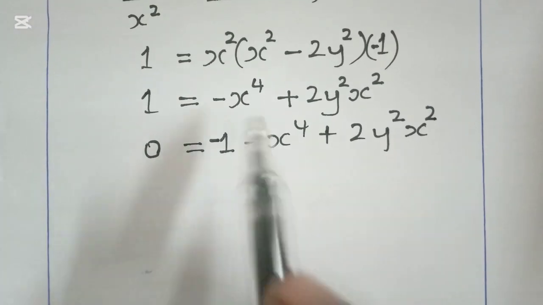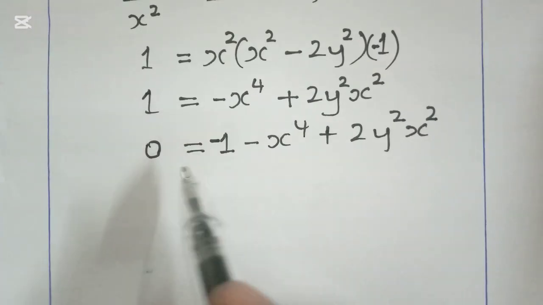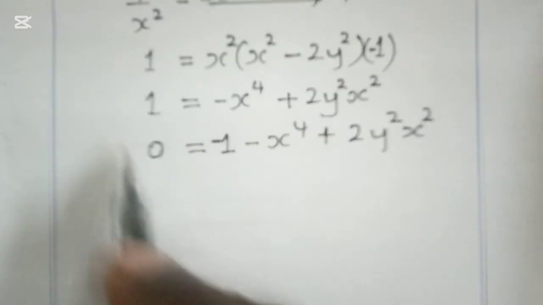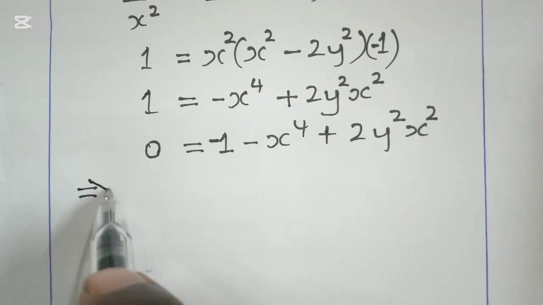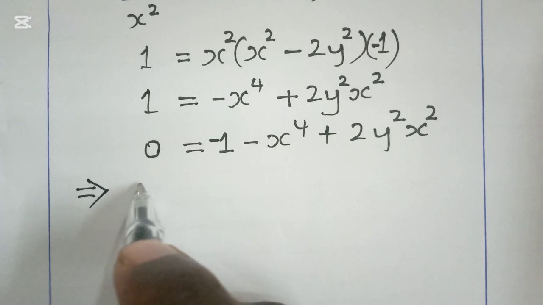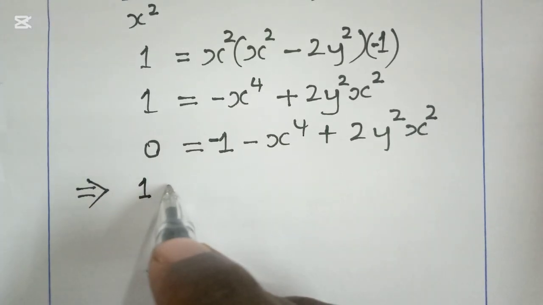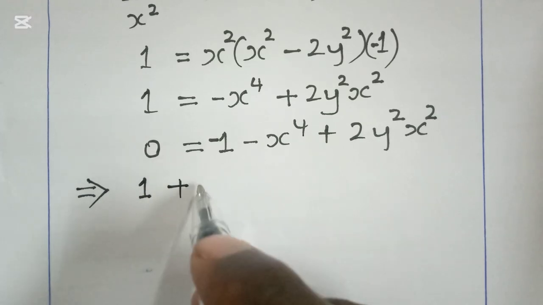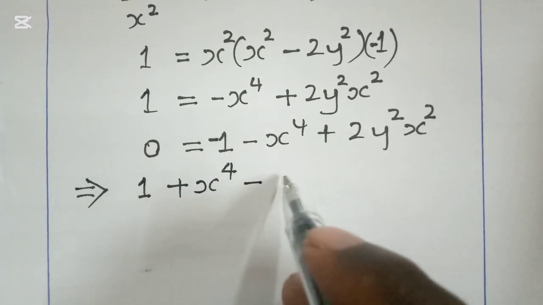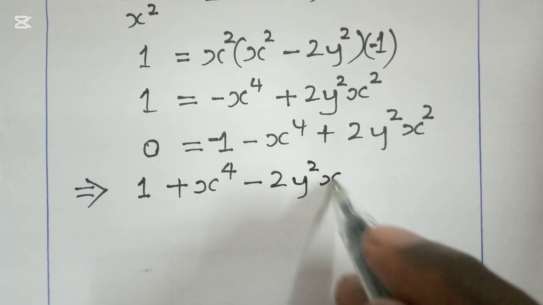I can now put all these on this other side. If I put them on this other side, and that's actually what I would have done, we shall have 1 now will be 1 plus x raised to 4 minus 2y squared x squared.